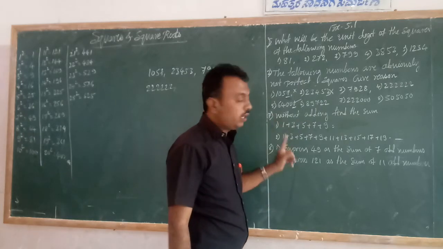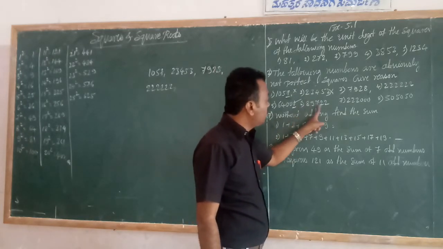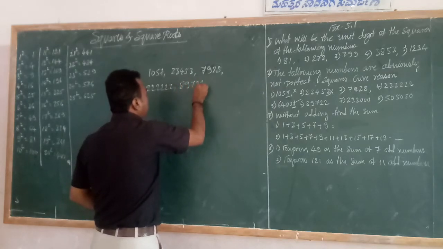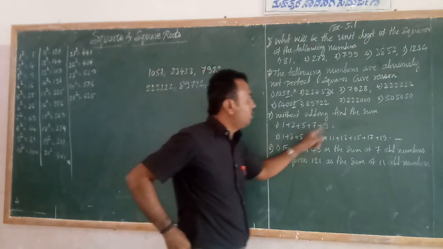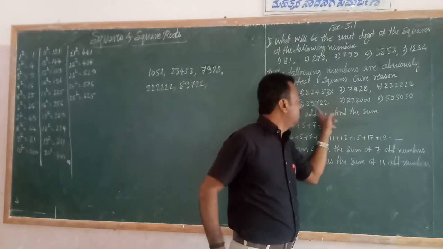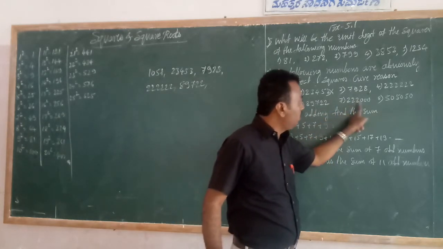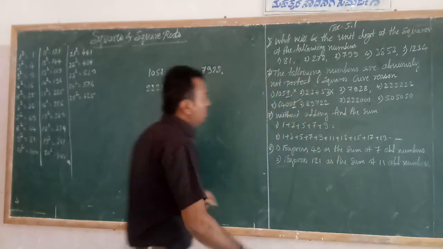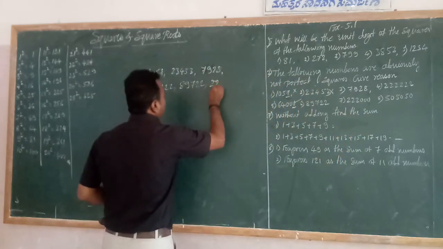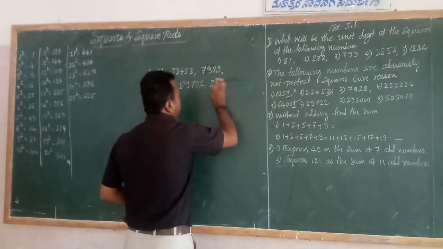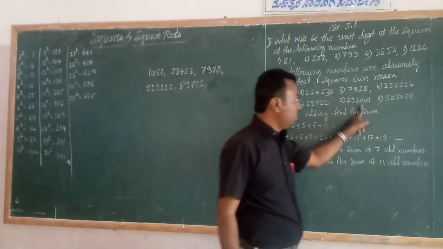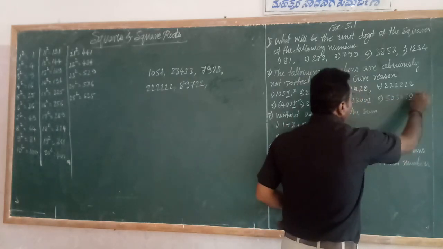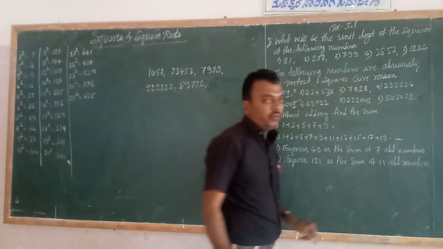Therefore, it is a perfect square number. And then 505050. The ending digit is 0. Therefore, it is also a perfect square number.